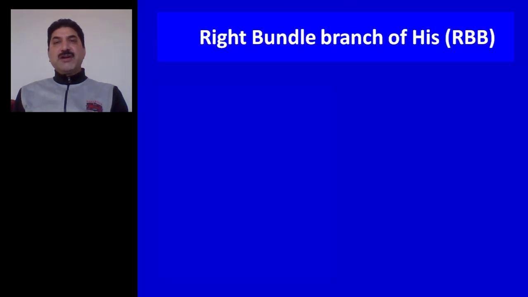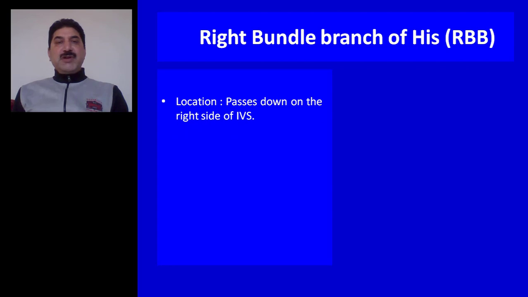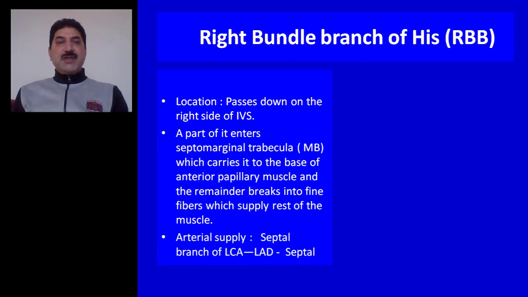Arterial supply of the right bundle branch. Right bundle branch passes down on the right side of the interventricular septum. A part of it enters septomarginal trabeculae, which is also called the moderator band, which carries it to the base of the anterior papillary muscle, and the remainder breaks into fine fibers which supply the rest of cardiac musculature.